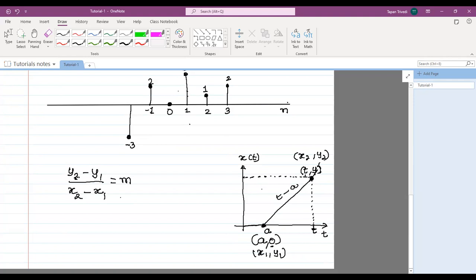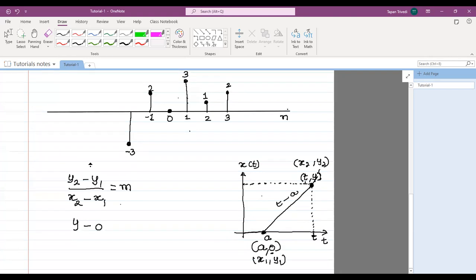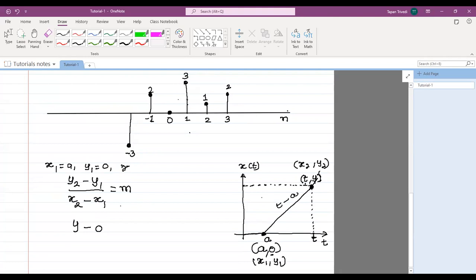Okay, so if I substitute the same, then I will get y minus y1 is 0. If I compare this with everything, then x1 is equal to a, y1 is equal to 0, x2 is equal to t, and y2 is equal to y. That's what I have assumed.